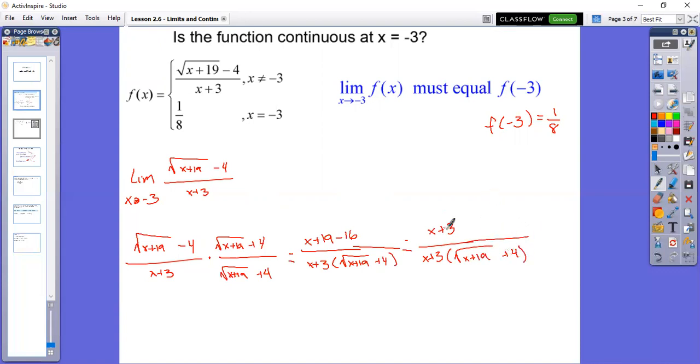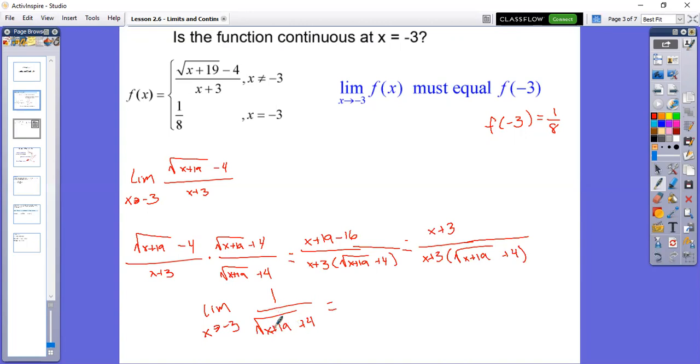So I can now simplify this even further because x plus 3 divided by x plus 3 is 1. So now I'm really looking at the limit as x approaches -3 of 1 over the square root of x plus 19 plus 4, which I can now do because when I plug in -3 down here, I don't get 0 anymore. So this is 16.